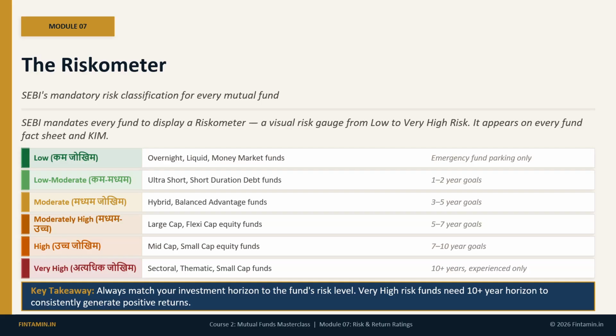Very high: sectoral and thematic funds only for experienced investors with specific sector conviction and a 5+ year horizon. The rule is simple. Always match the fund's risk level to your investment horizon and your ability to tolerate temporary losses without panicking.